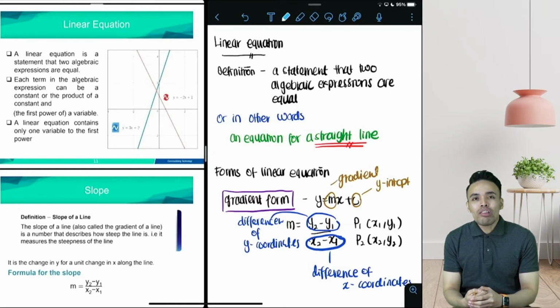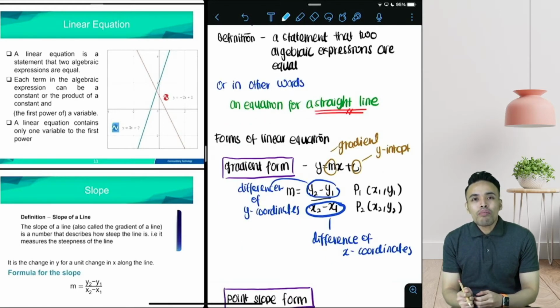The gradient form is represented by the following equation: y is equal to mx plus c. In order to determine the equation of a straight line in gradient form, you need information such as the gradient of the line and the y-intercept of the line. Imagine you have information of a line passing through 2 points. From these 2 points, you have to label which one is the first point and which one is the second point.